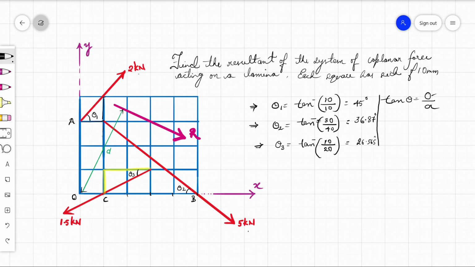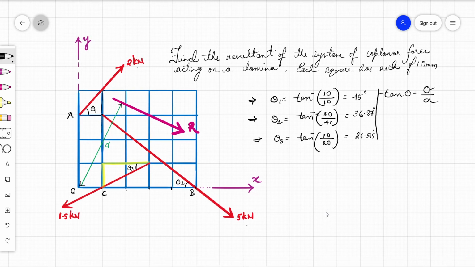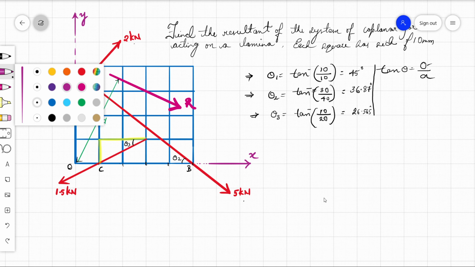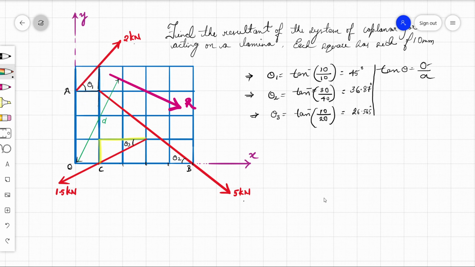The second step will be finding the x component and y component for each individual force. So what we need to do is, for each individual force, that is 2 kilonewton, 5 kilonewton as well as 1.5 kilonewton, we have to find the resultants. Okay, that is our aim.